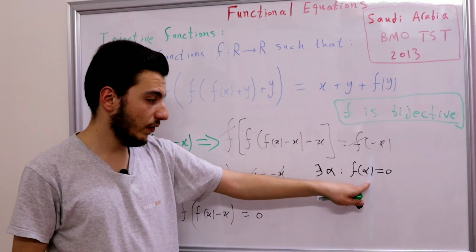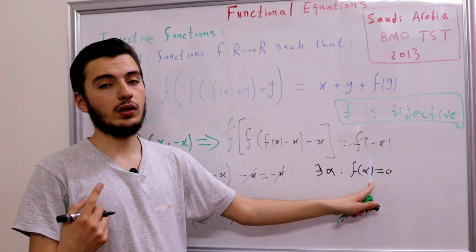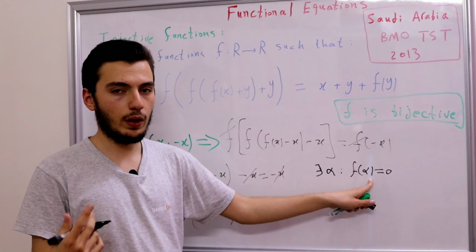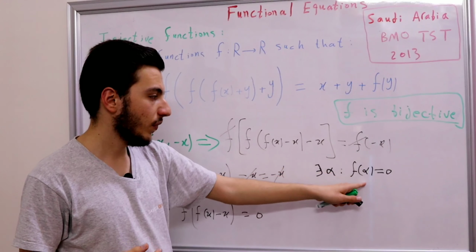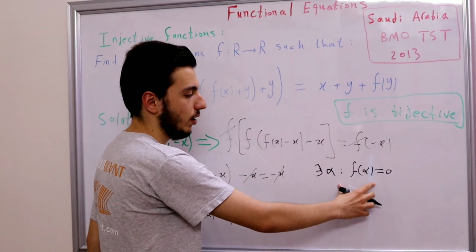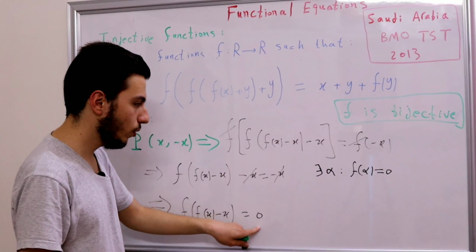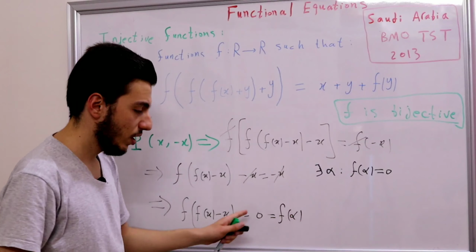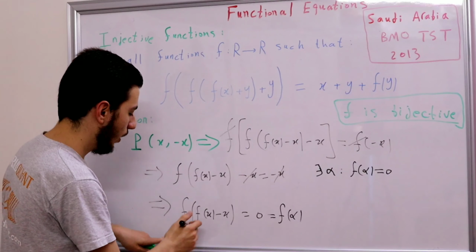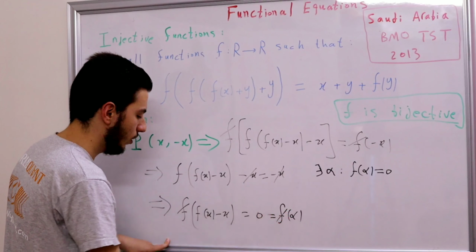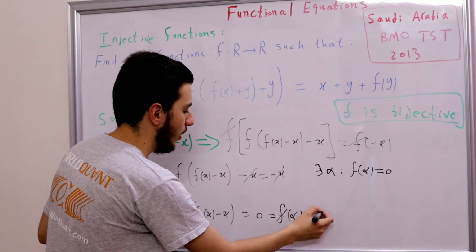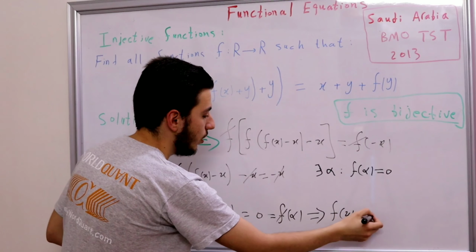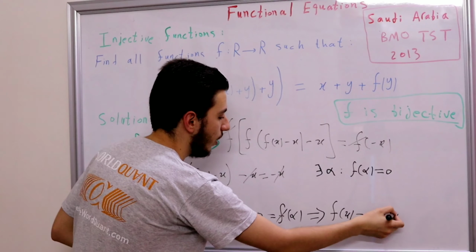And in fact, this alpha is constant. So it's only one alpha. We can only have one alpha, for example 2 or 3, because f is injective. So we can use this alpha to make this 0 f of alpha. You see this trick? Now we can cancel these f's together, and now we simply, ladies and gentlemen, have f of x equals x plus alpha.